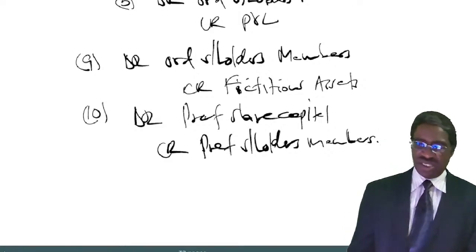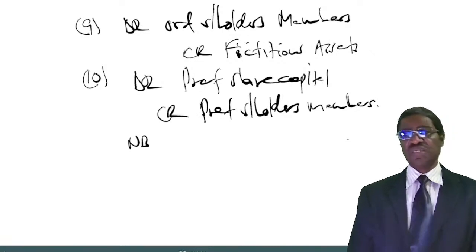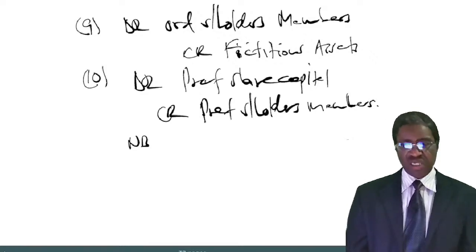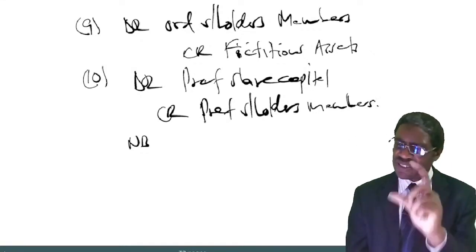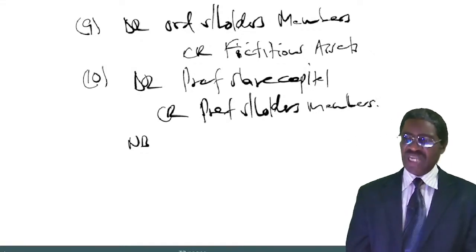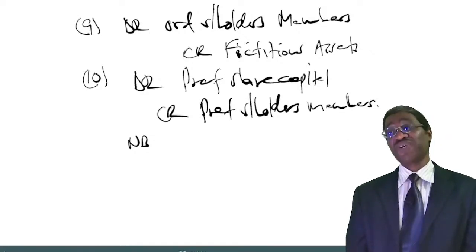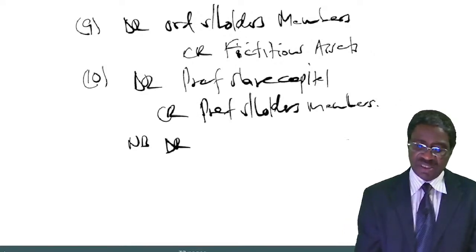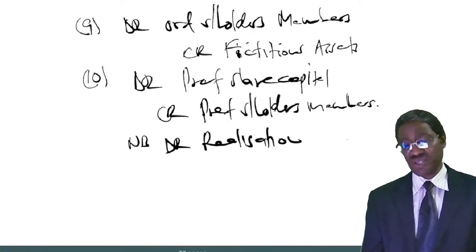Under number 10, write NB: with any preference dividends in arrears, debit realization.